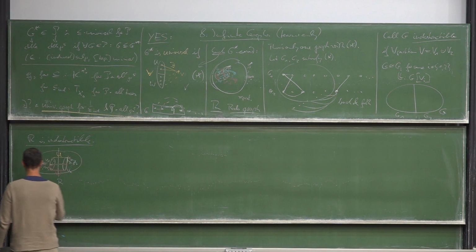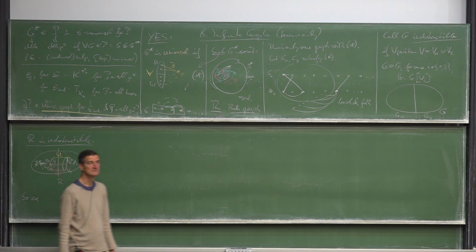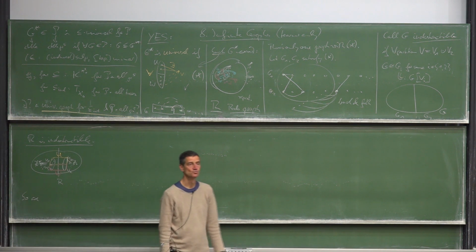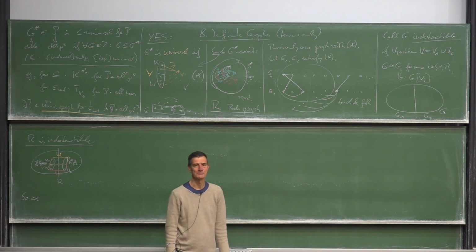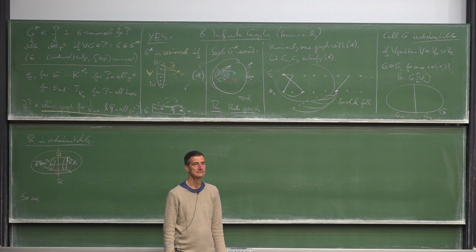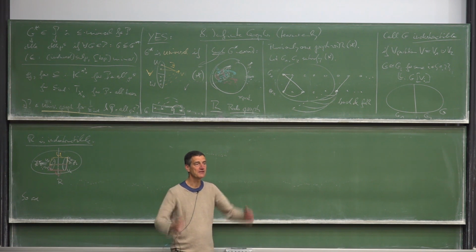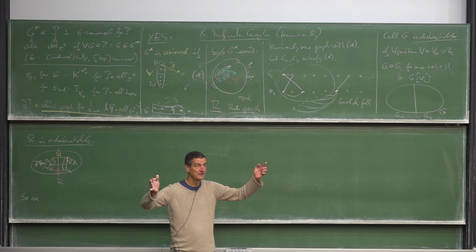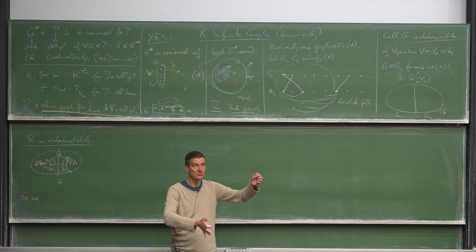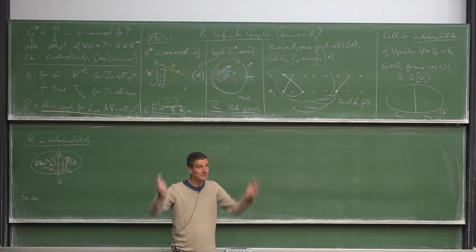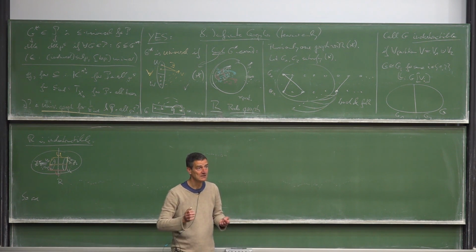Any other examples? Some trivial examples, please. Can you think of a countable graph such that no matter how you cut it in two, one of the two sides is isomorphic to the whole thing?